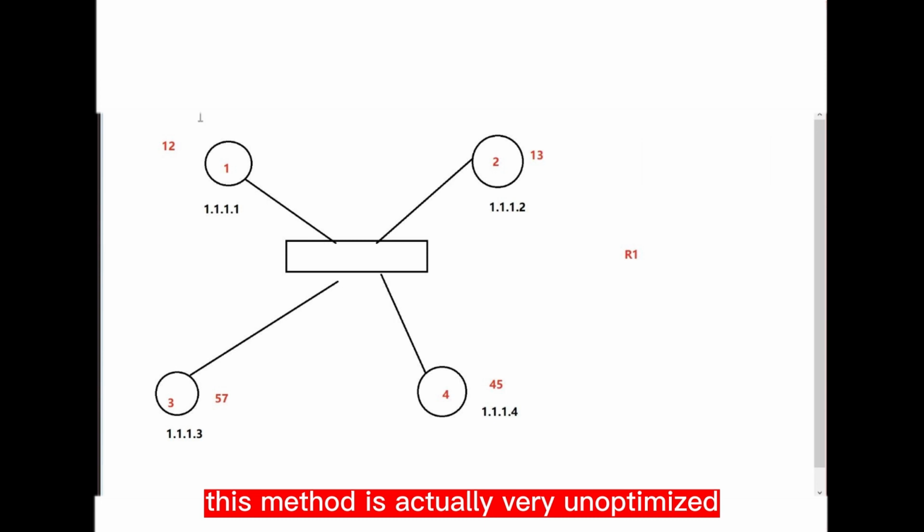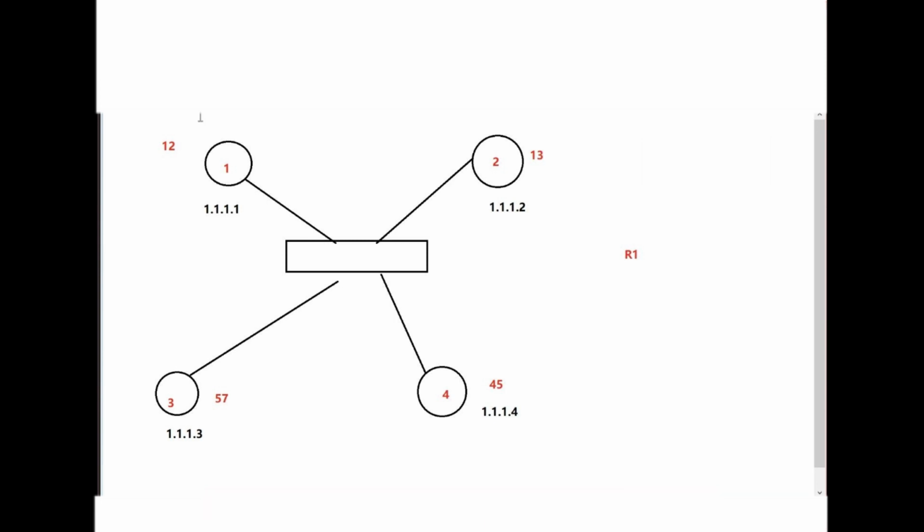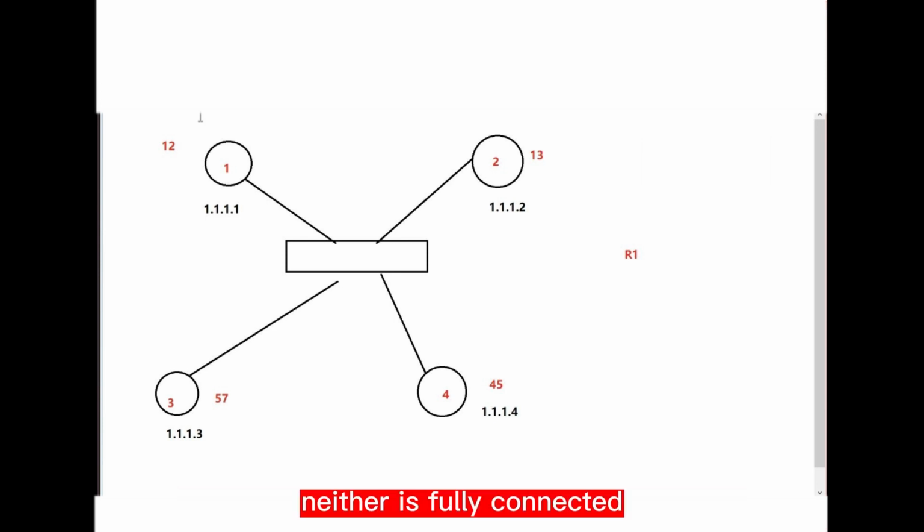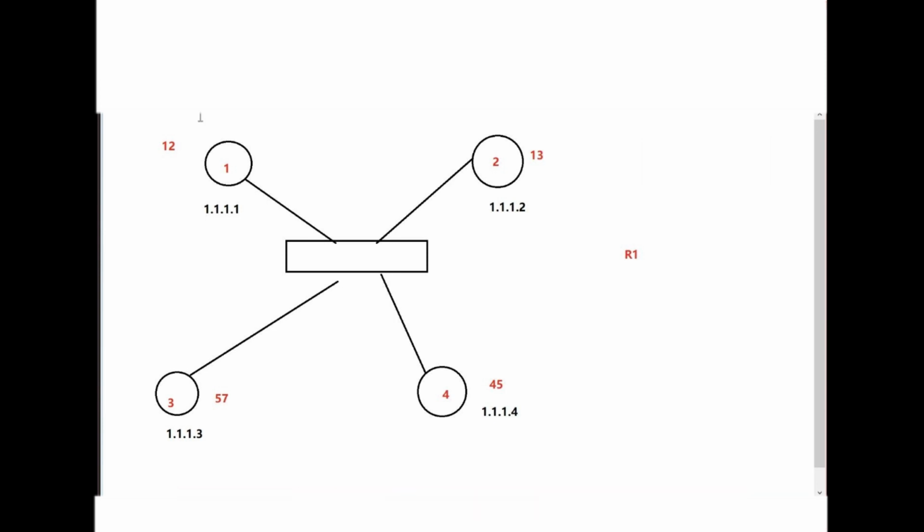This method is actually very unoptimized. You will learn a lot of scenarios in the future. Neither is fully connected. A total of 6, respectively: R1 and R2, R1 and R3, R1 and R4, R2 and R3, R2 and R4, R3 and R4 adjacency.